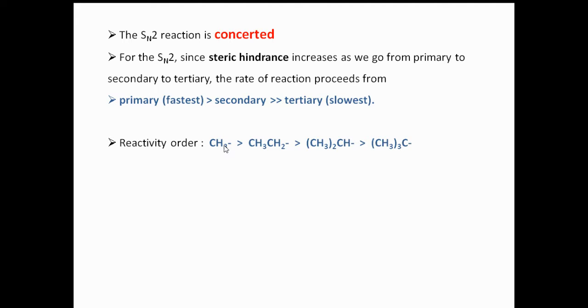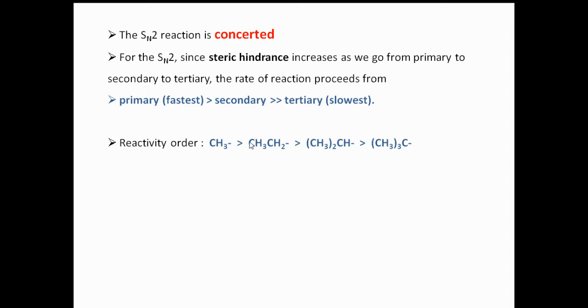So, always primary alkyl halides will react faster when compared to secondary, and then comes the tertiary. So, when the nucleophile has to attack onto the methyl carbon, there is no steric hindrance because it can easily attack from the backside. Suppose the nucleophile has to attack at this carbon, it has to go through the steric hindrance from that of the methyl group.